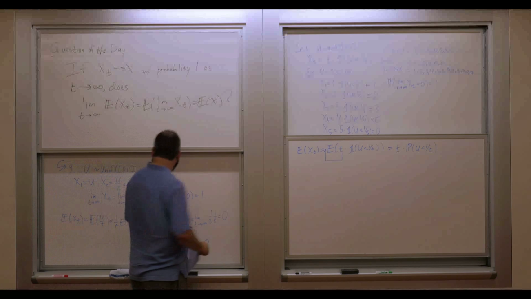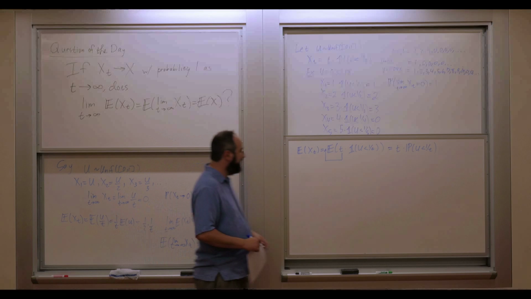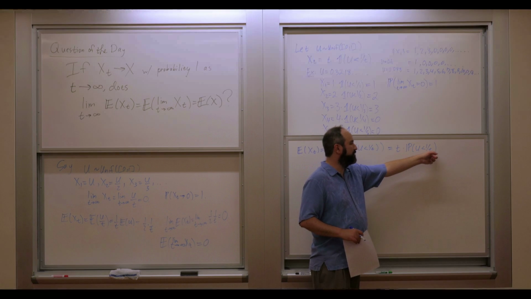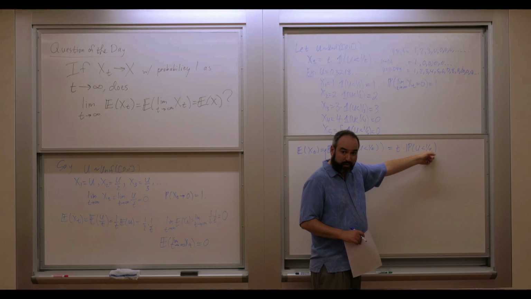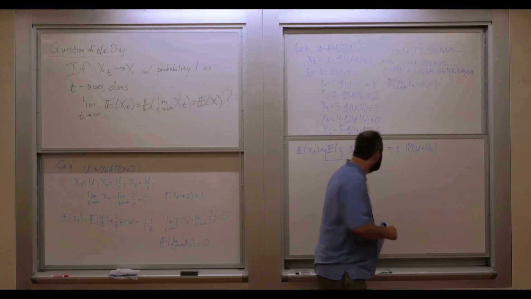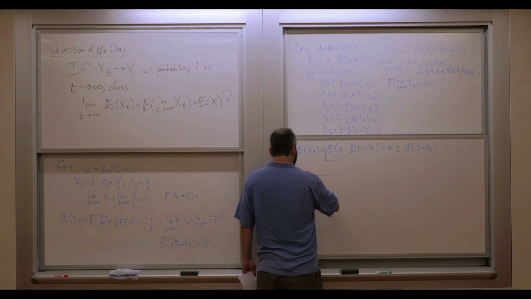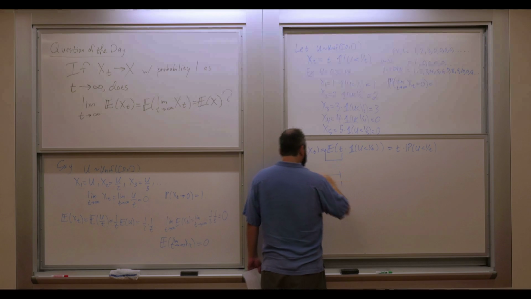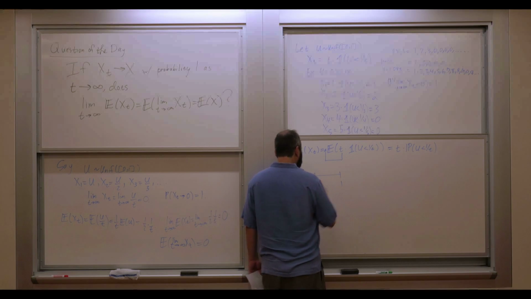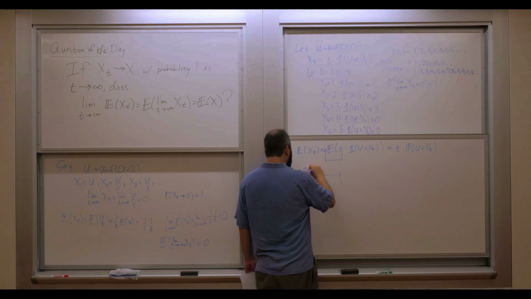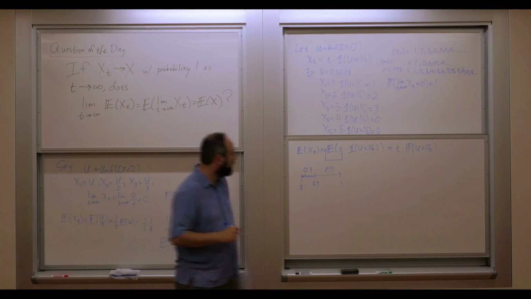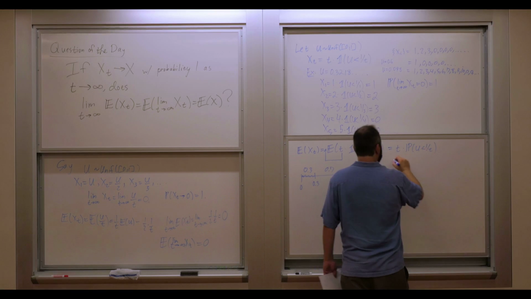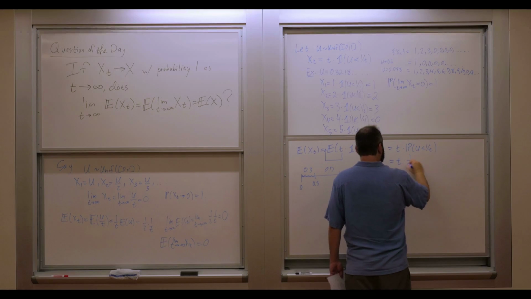Well, uniforms have this great property that the probability that a uniform from 0 to 1 is less than some number between 0 and 1 is just that number. If I draw a uniform from 0 to 1 and ask what's the probability that it's less than 0.3, well, I have 0.3 chance of it falling in this region and 0.7 chance of it falling in that region. So this probability is just 1 over t.